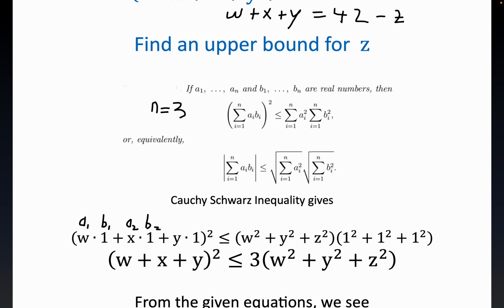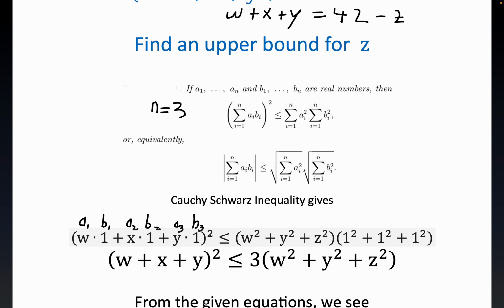And then finally, y would be a sub 3, and again, we're using 1 for b sub 3. Again, folks, if I didn't make any sense there, I'm right here, for n equals 3.